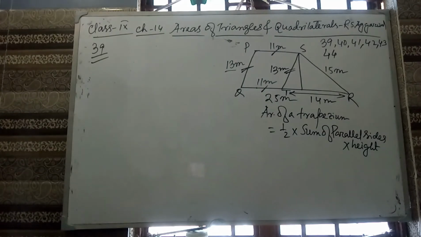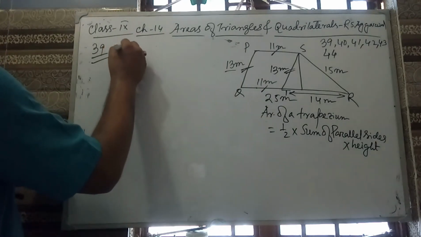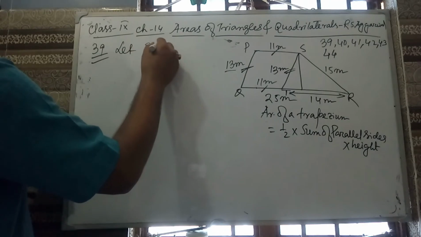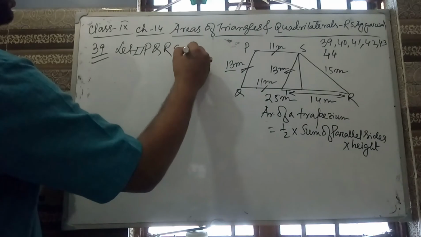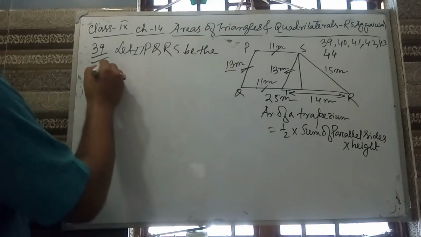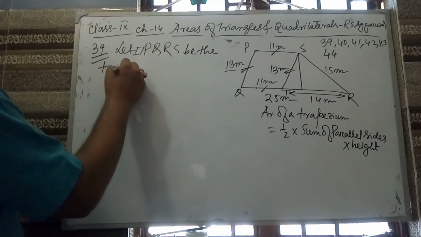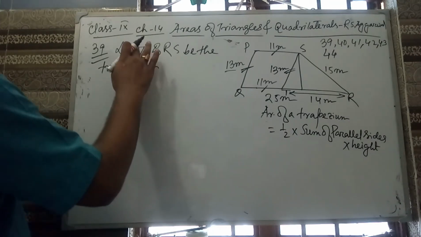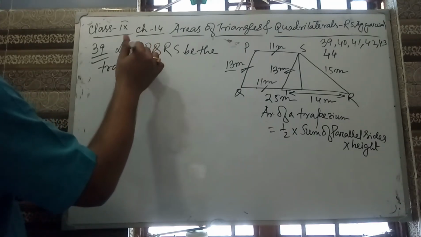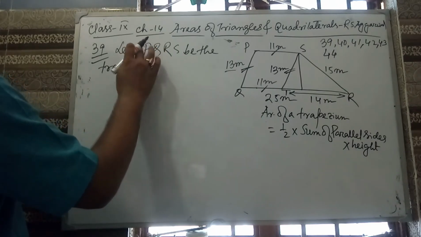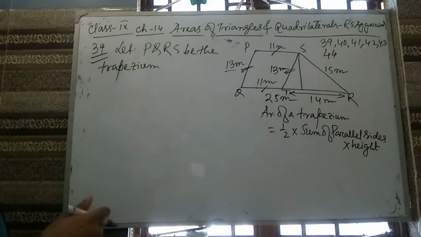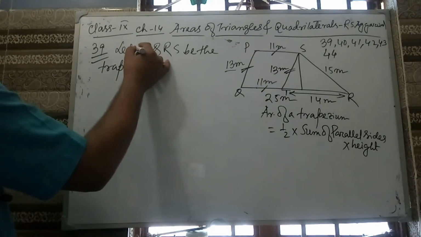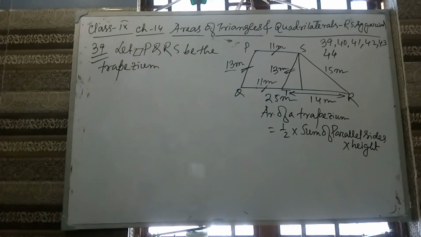Write down: let PQRS be the trapezium. Here you can write down the figure of a trapezium or you can simply give a quadrilateral figure over here, because a trapezium is also a quadrilateral.